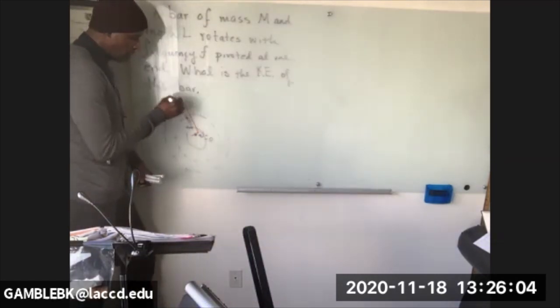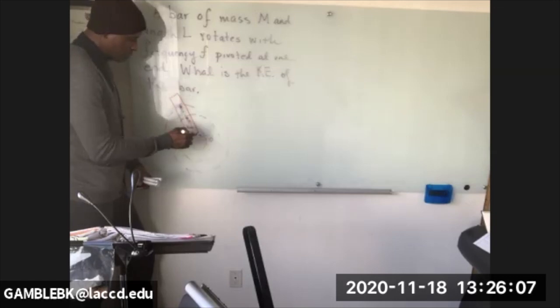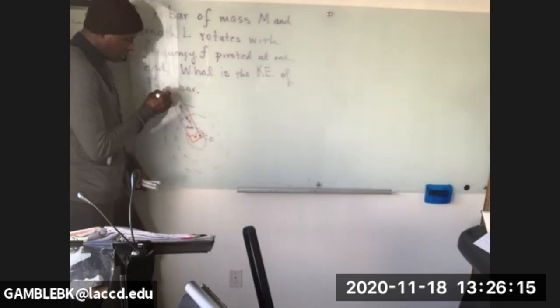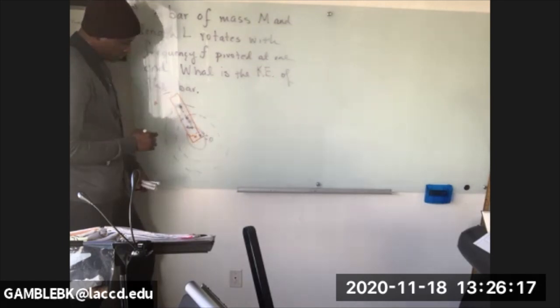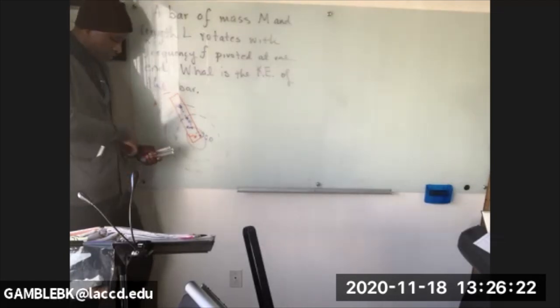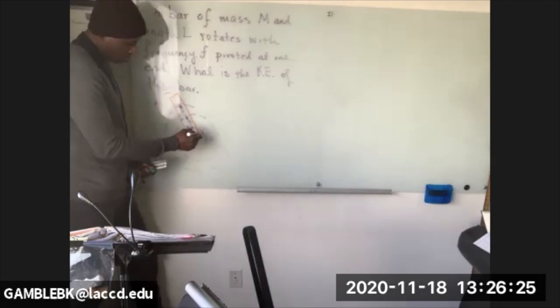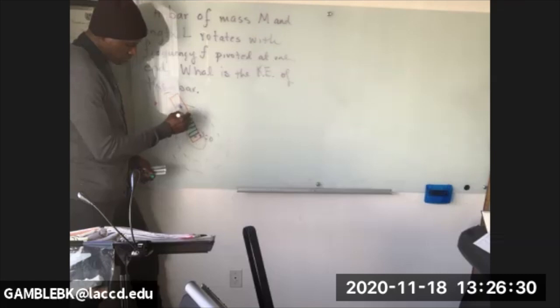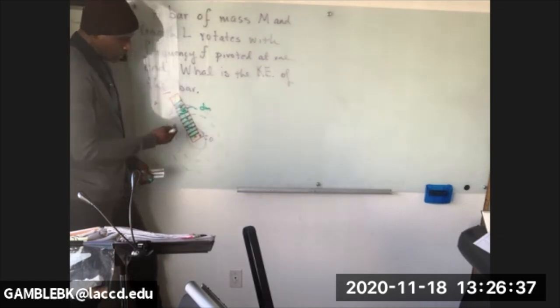Like if this is a bar and the bar is pivoted and spinning around with some rotational speed, and I break up the bar into differential elements, differential masses, those dm's don't have the same speed as they move around.